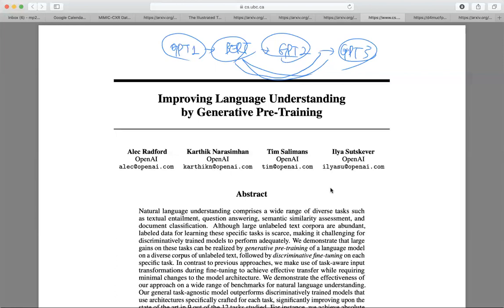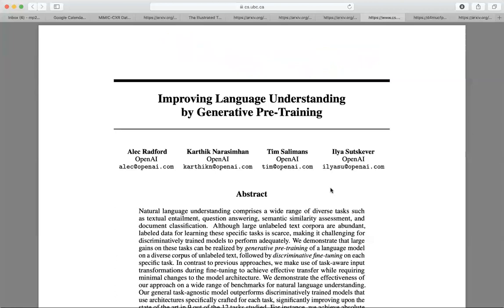All right. I think I have enough time to talk about GPT-1, BERT, and GPT-2 and 3. So GPT-1, the title is Improving Language Understanding by Generative Pre-training. Even before GPT-1, there was something called ELMo.